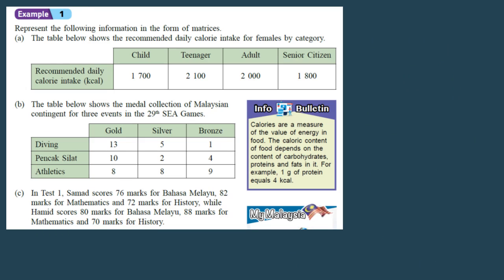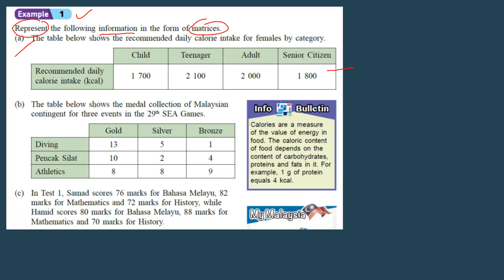Okay, example 1. You have to represent the following information into matrices. For the first question, it's already very arranged information.